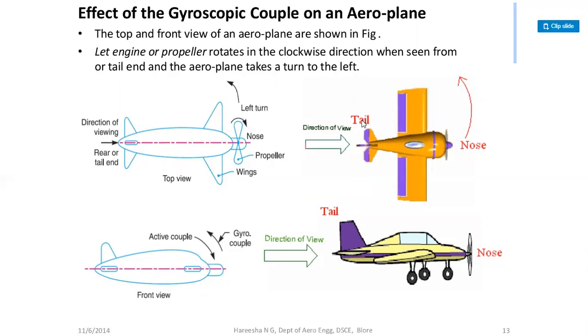According to the analysis, the reactive gyroscopic couple tends to dip the tail and raise the nose when the gyroscopic couple is generated due to the propeller or engine rotating in the clockwise direction, right? When the propeller or engine rotates in the anti-clockwise direction, then according to the analysis, the reactive gyroscopic couple tends to dip the nose and raise the tail.